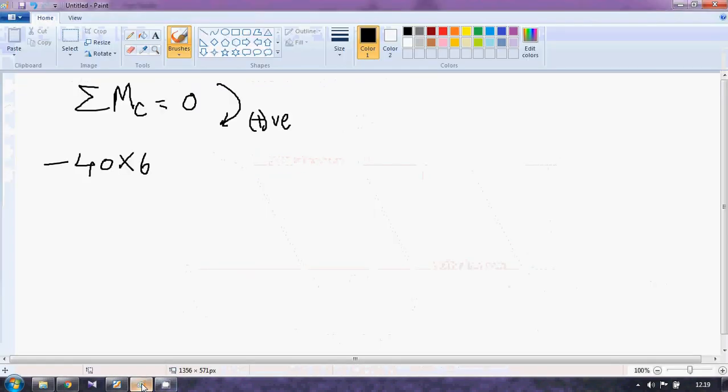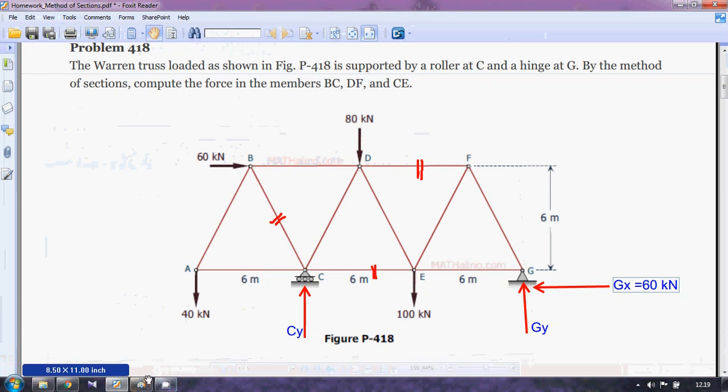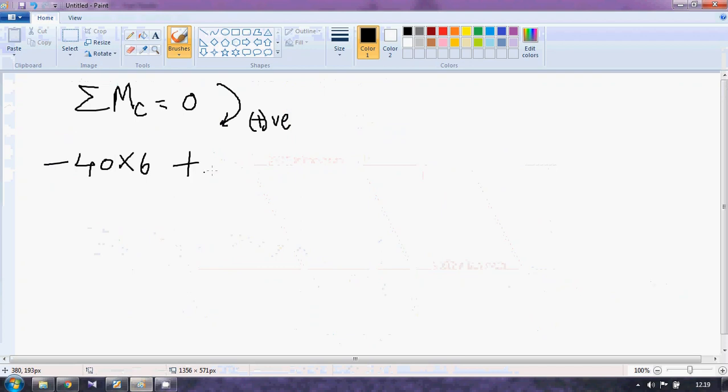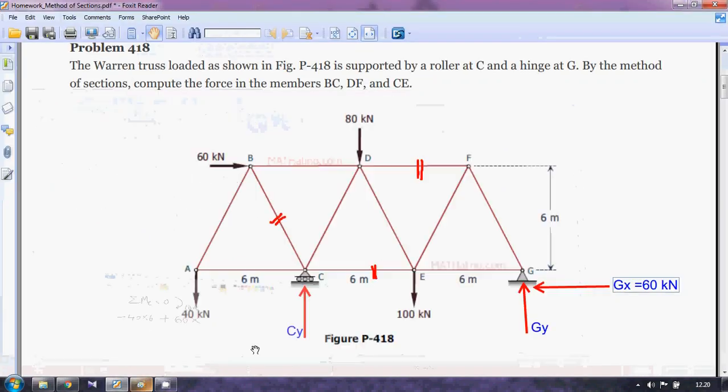Good. What about this 60 kilonewton? This 60 kilonewton will create a positive moment, clockwise moment with respect to C. So plus 60 times, what about the distance? This force is acting in this direction.